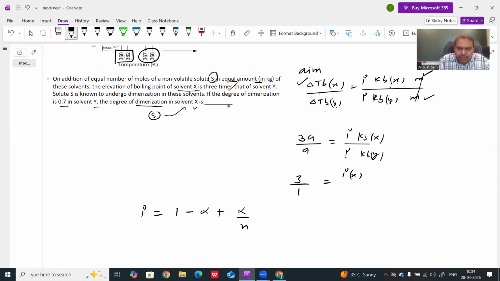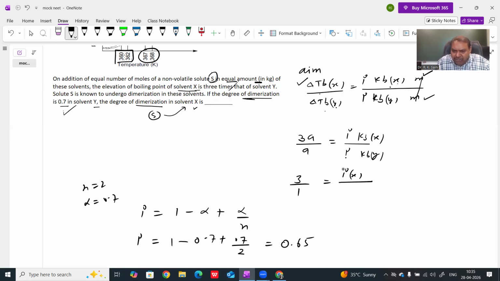In case of solvent Y, the degree of dimerization is 0.7, which means n equals 2 and alpha equals 0.7. Therefore, i in solvent Y is 1 minus 0.7 plus 0.7 divided by 2 because dimerization takes place. Therefore, i is 0.65. The i in solvent Y is 0.65.